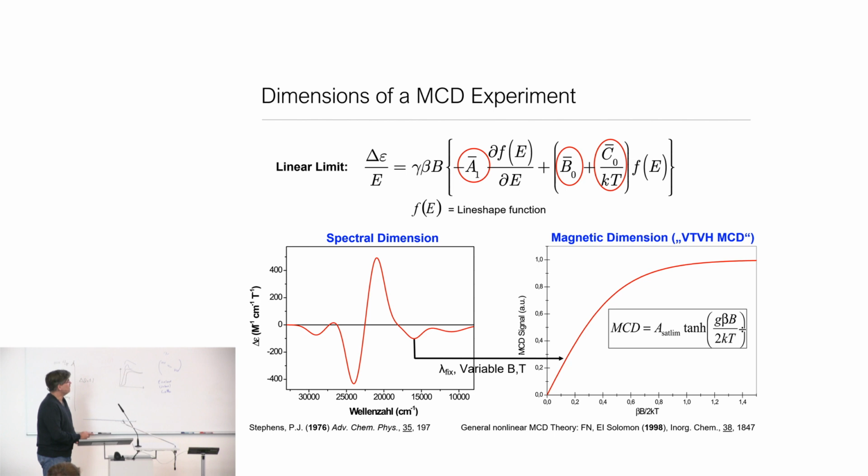And so what you can deduce then, it has been proven in closed form that the MCD signal for an S equals 1/2 system varies as a constant times the hyperbolic tangent of g beta B divided by 2kT, and you will see that all of these are natural constants except the g value, and that means you can in principle measure the average g value of the sample by MCD spectroscopy.